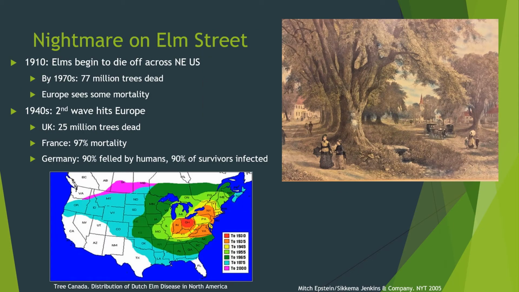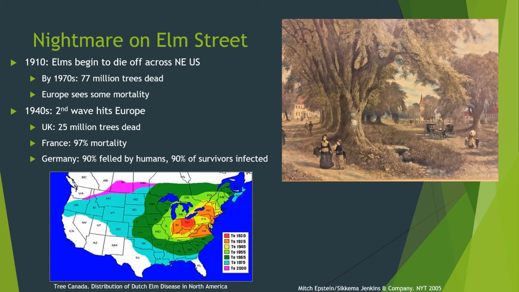Why are we talking about elm trees? Well, because a lot of them died in the 1900s. This was the time when international shipping really took off around the world. You could ship large things on large ships using steam power and things like that. And once this started happening, you started having introduction of pests and diseases from around the world into species of native plants and animals that were unable to cope.